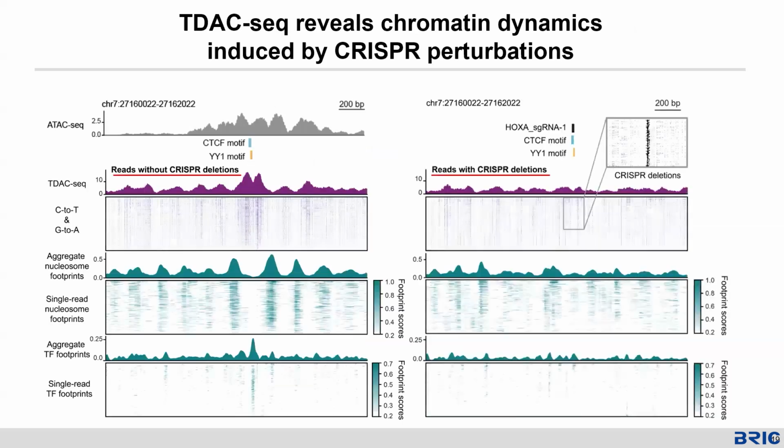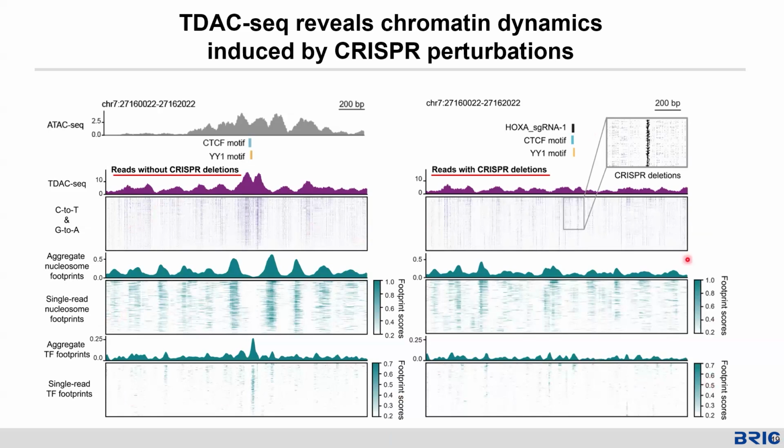From the sequencing data, we deconvolute the reads without CRISPR deletions versus reads with CRISPR deletions around the guide RNA binding site. The plots on the left are from reads without CRISPR deletions, and the plots on the right are from reads with CRISPR deletions. Again, each row indicates raw Tdaxic signal, nucleosome footprints, and TF footprints.